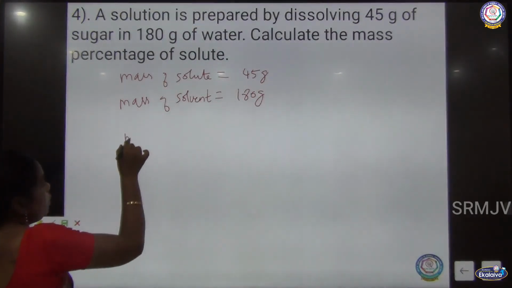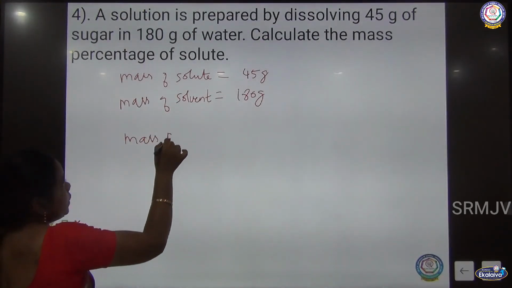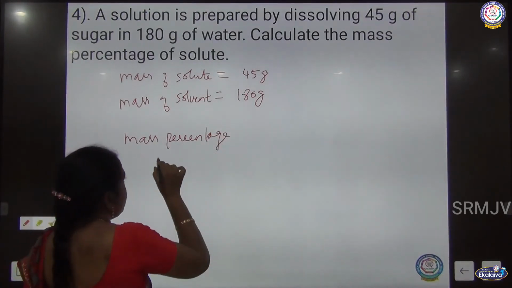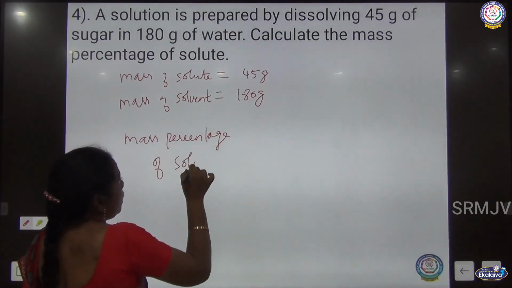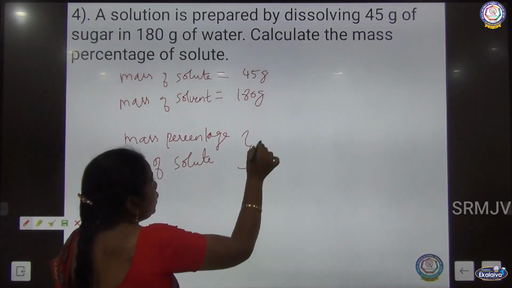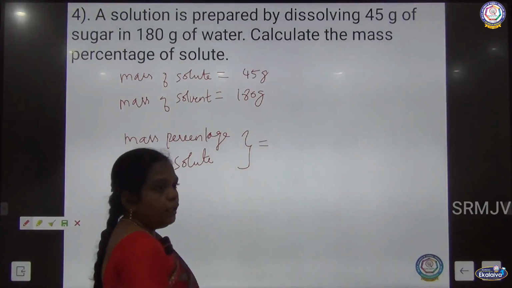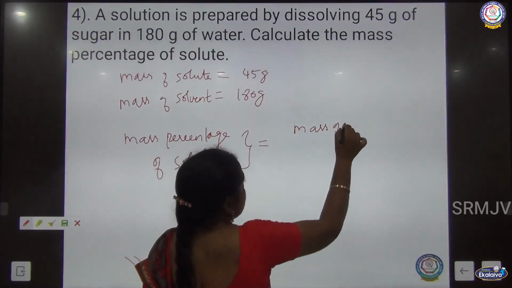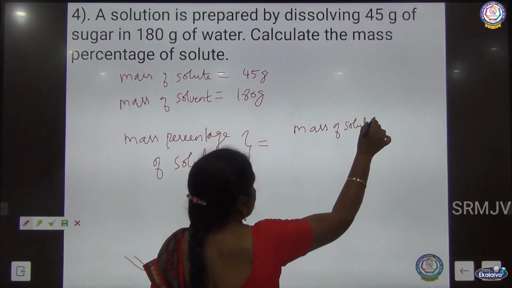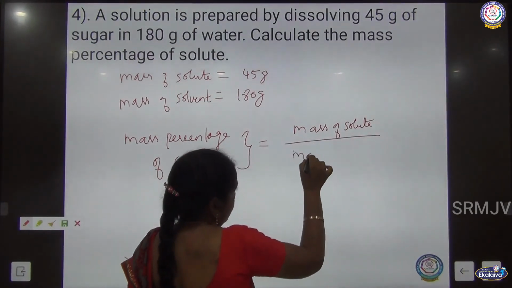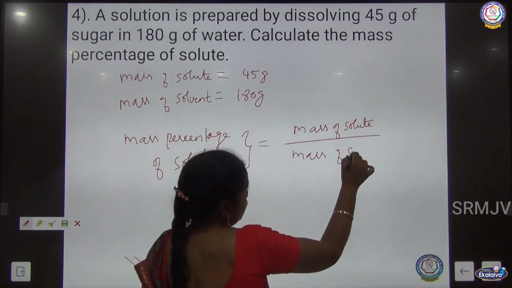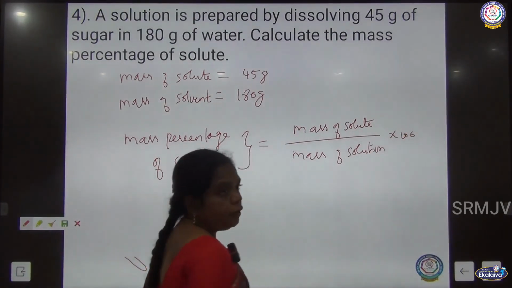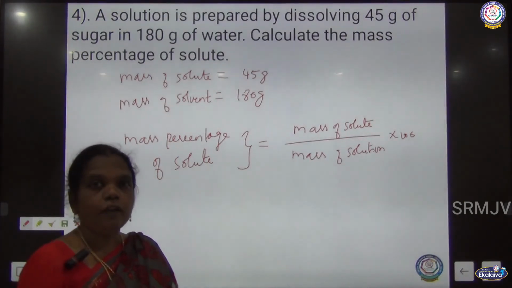Then you want to find the mass percentage. Mass percentage of solute equal to the mass of the solute divided by mass of the solution into 100.